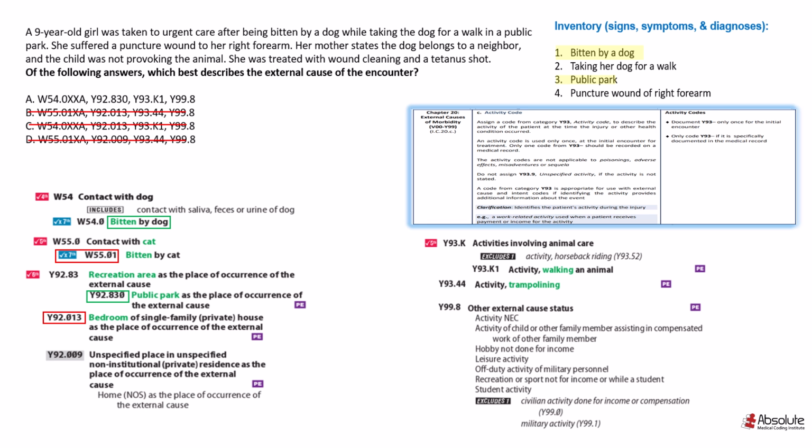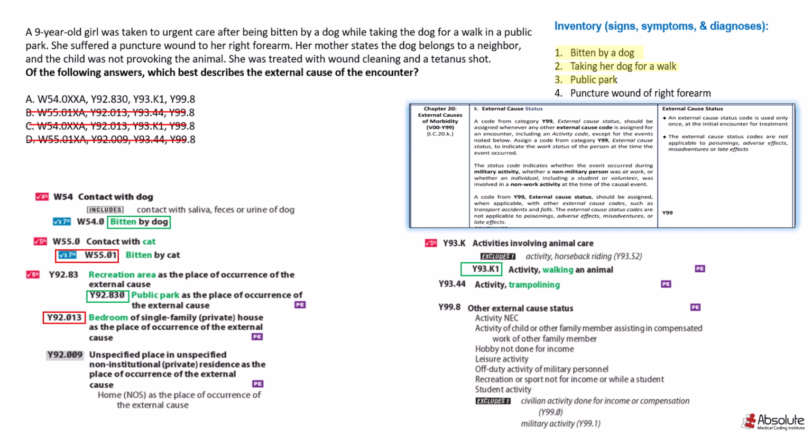Let's go ahead and look into the activity code in option A, and that is going to be Y93.K1, which is coding for activity, walk an animal. And yes, we had the patient taking the dog for a walk in our scenario, so that's good code selection.